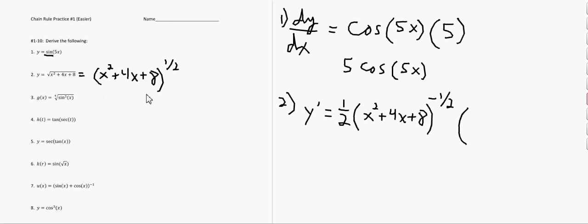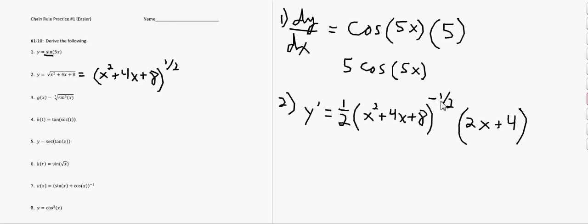Now by the chain rule, we derived the 1/2 power. Now we need to derive the inside part, which is just a polynomial, so we can use the power rule on each one of these little guys. So x squared turns into 2x, plus the derivative of 4x is 4, and the derivative of 8, which is a constant, is 0. So the derivative of any constant is 0.